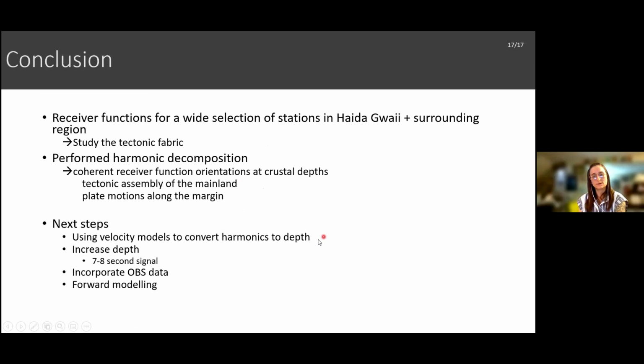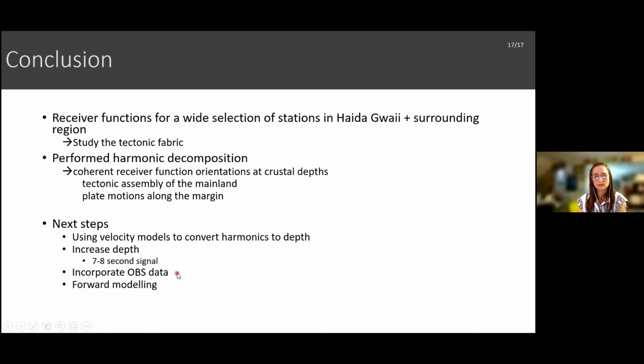So next steps in this research would be to start using velocity models to convert our harmonics to depth, because right now we're just looking at time, but looking at depth would also be interesting and helpful. And also increasing the depth we're looking at, so investigating more around that 7 to 8 second signal.